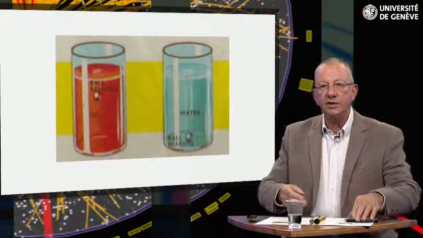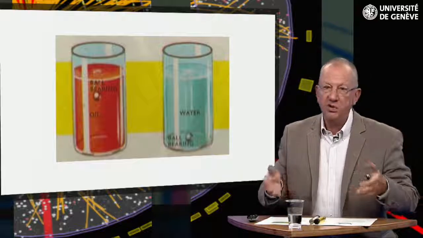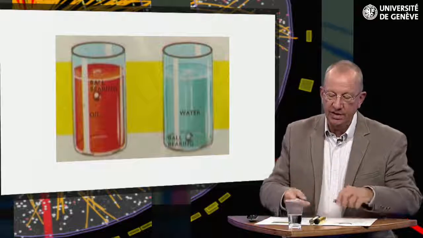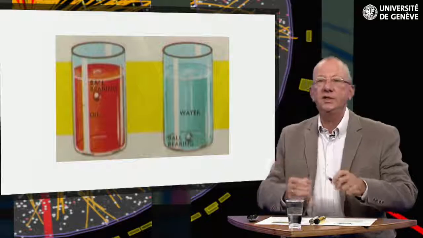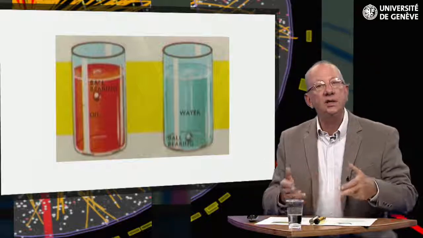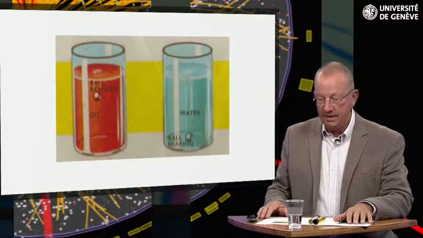The strength of the Higgs field is analogous to the properties of the liquid, and the coupling of the different particles to the Higgs field determines with what speed they move, even though their mass is zero.